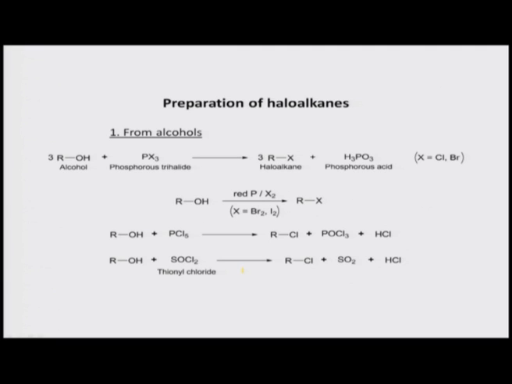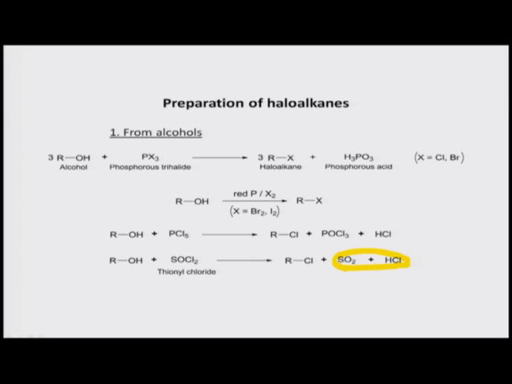So this is something that we have already discussed, and the most important point when we were discussing the synthesis of haloalkanes from alcohols was the fact that when an alcohol is treated with thionyl chloride, SOCl2, that gives the haloalkane along with sulfur dioxide and HCl. These 2 are the byproducts that are formed in the reaction, and interestingly these are gases.